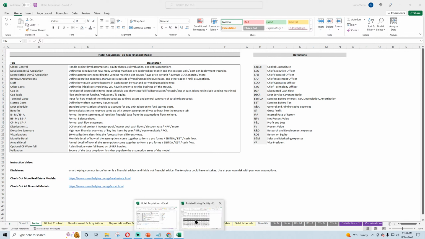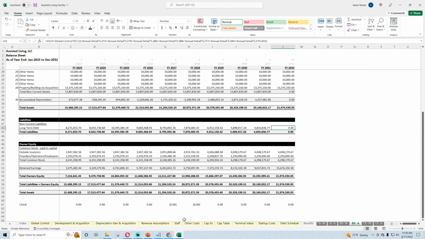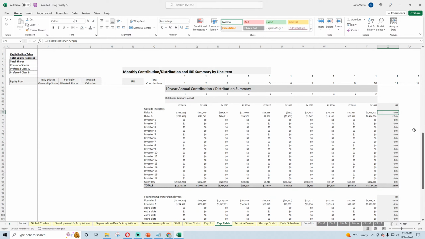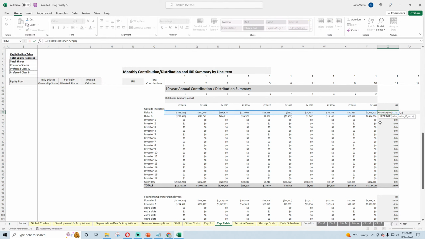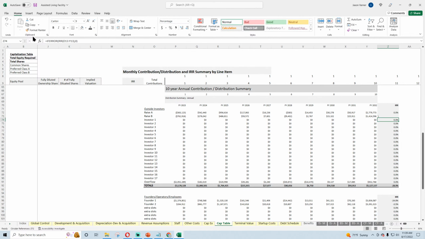Now, let's also fix this assisted living real quick while we're here because this is going to drive me crazy. Whoops. So this just needs to do this.